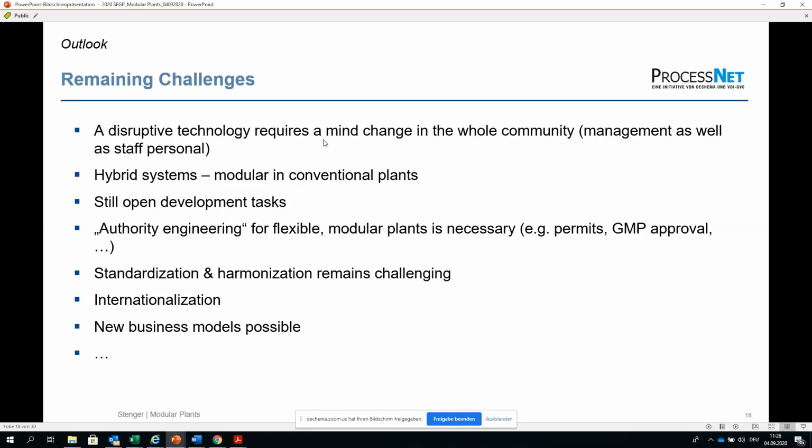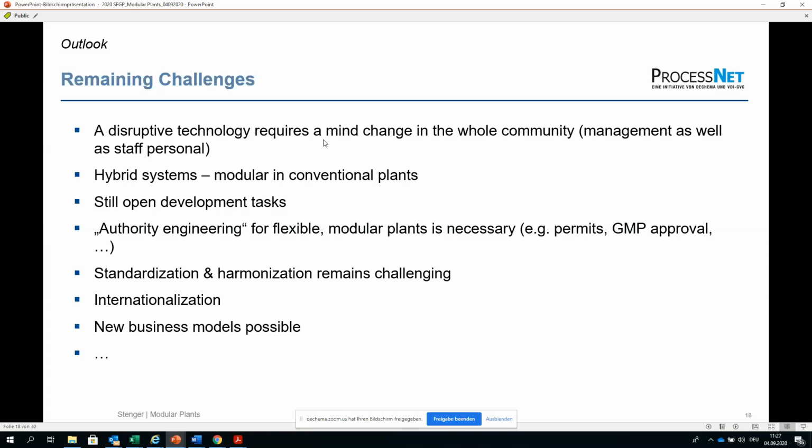Of course, there are still open development tasks in the field of automation, how to realize the orchestration of all the different modules. Authority engineering: we talked about regulation this morning as well. To do that in a flexible way and in a fast manner.